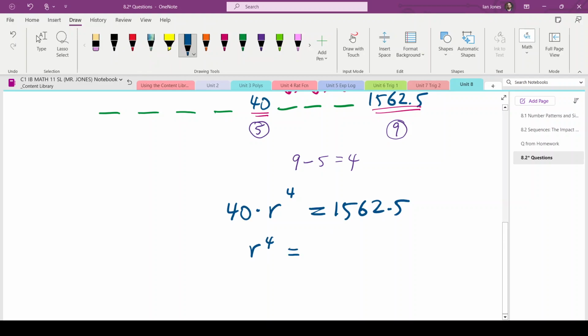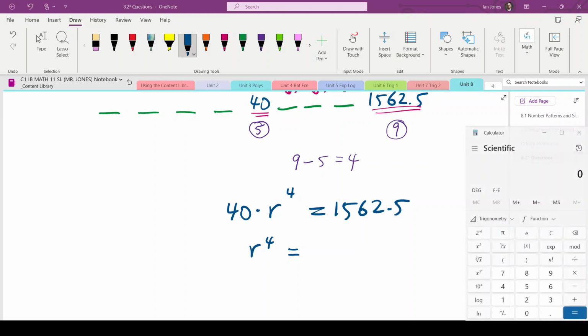R to the 4th is going to be this number here divided by 40. Let me just pull up a calculator for you to see there. So I have 1,562.5 divided by 40. I get 39.0625.